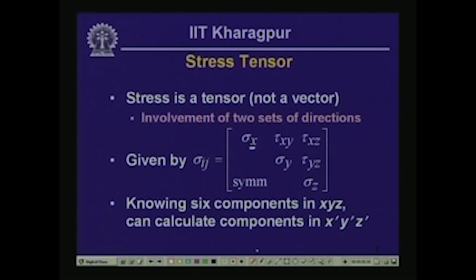In this case, the direction of the application of the force will be coincidental with the direction of the outward normal to the infinitesimal area on which the normal force is acting, whereas in case of shear stress we have got two subscripts, and the first subscript in this case denotes the direction of the force that is acting on the infinitesimal area, and the second subscript in this case denotes the outward normal on the area on which the force is acting.